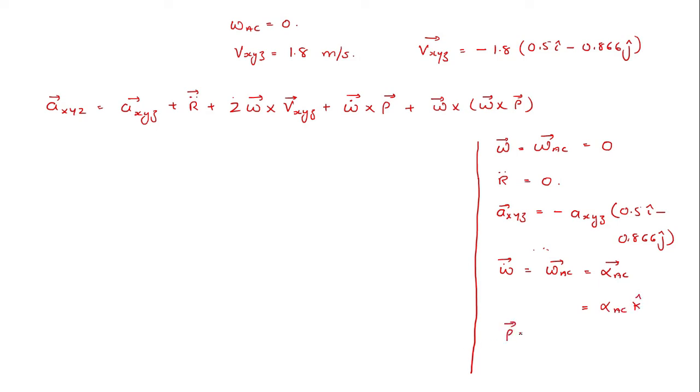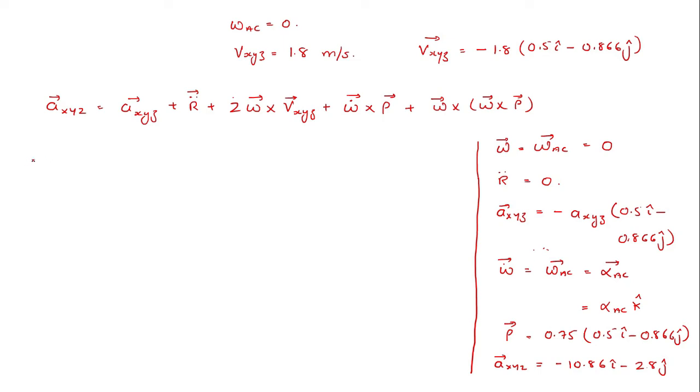Next, the rho vector is 0.75 into 0.5 i cap minus 0.866 j cap. And finally, you have the corresponding A capital XYZ, which we had obtained earlier, that is equal to minus 10.86 i cap minus 2.8 into j cap.